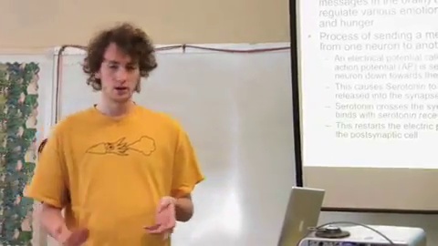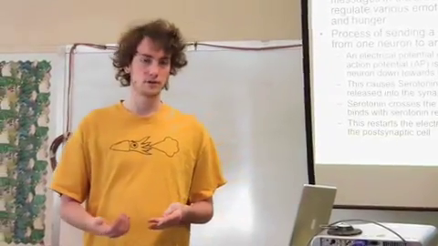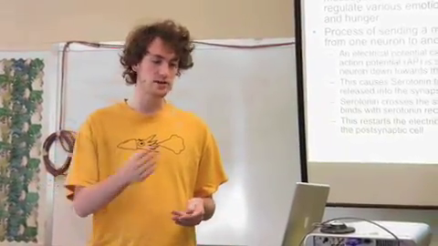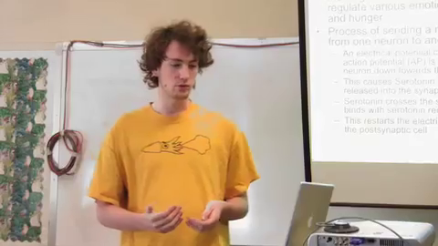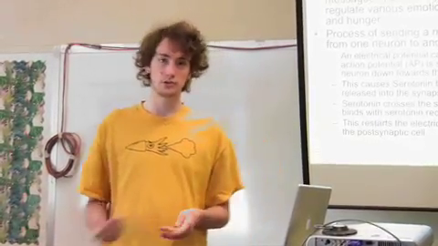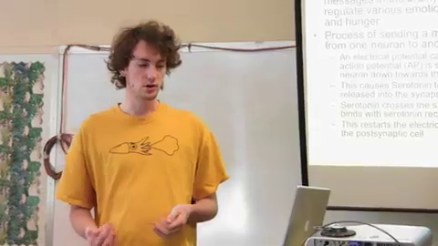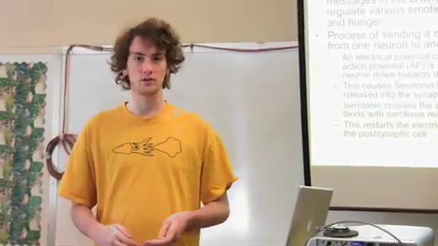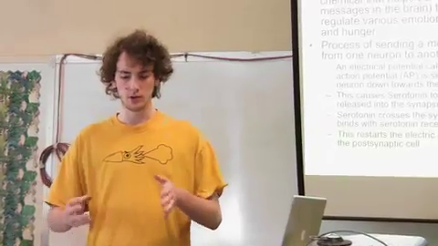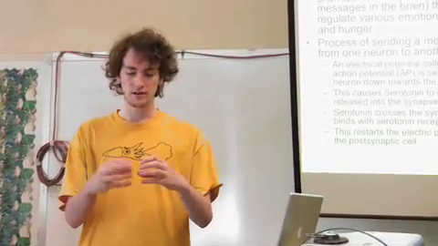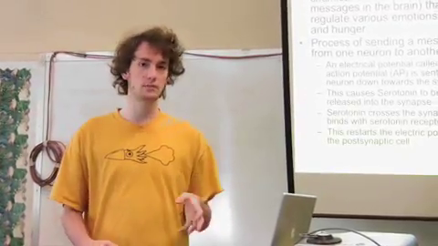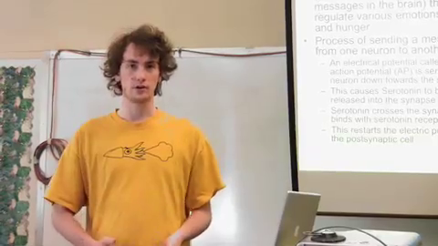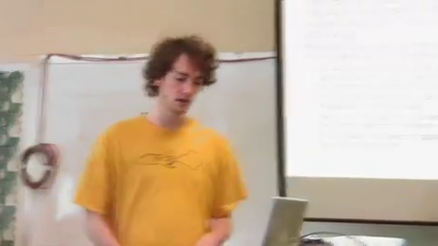And after that, the serotonin unbinds from the serotonin receptors, moves again across the synapse to the presynaptic side, where it binds with reuptake transporters, serotonin transporters, which are in charge of a process called reuptake. What they do is serotonin will bind to these serotonin transporters, which will then move the serotonin back into the presynaptic cell, where it can wait for another action potential to be released into the synapse.